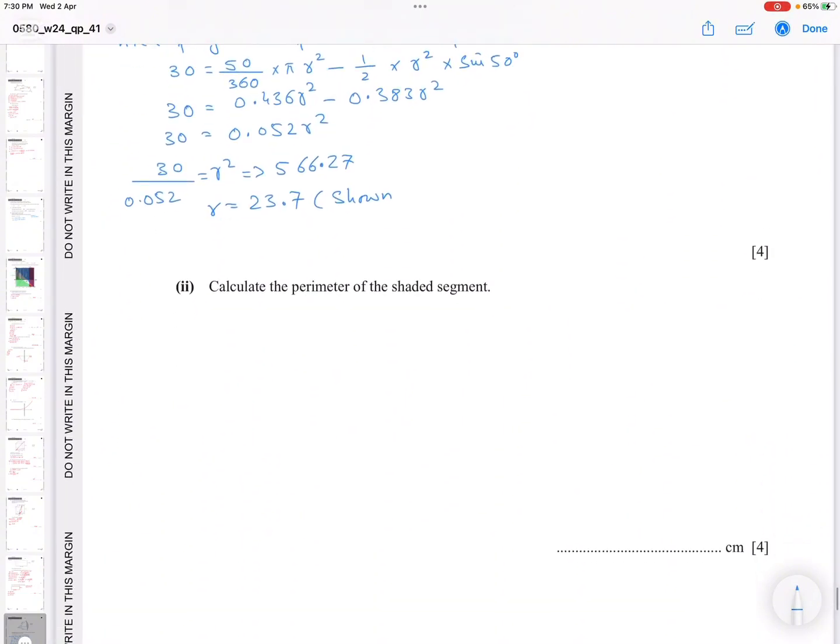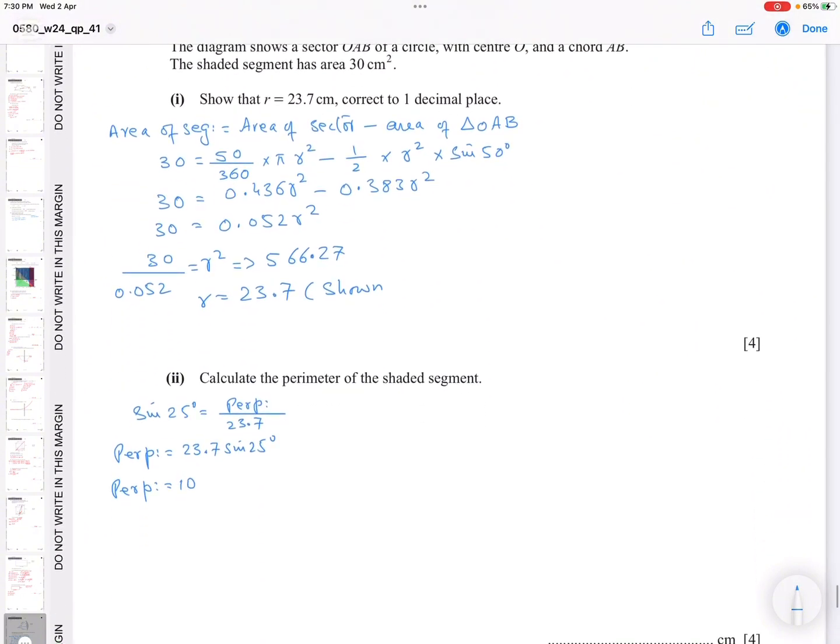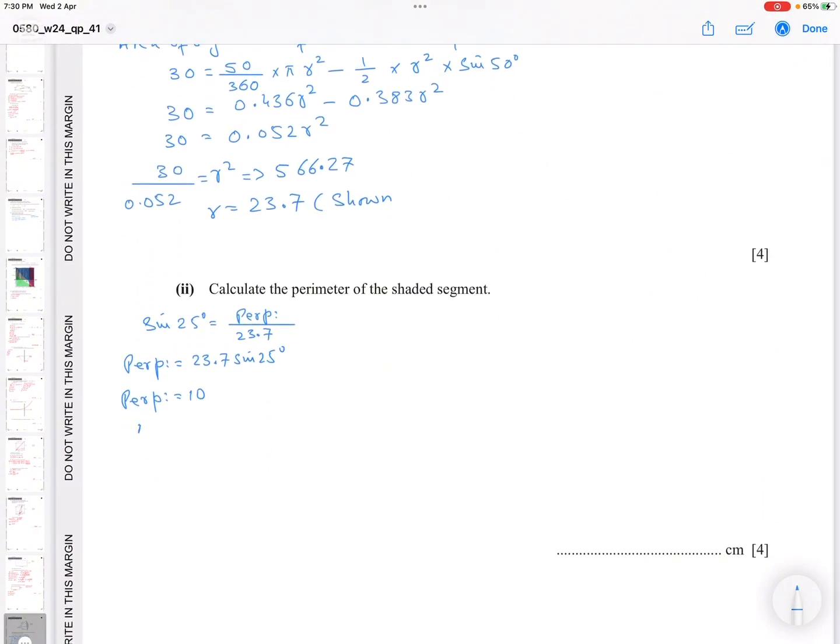So sine of 25, opposite is our perpendicular, hypotenuse is 23.7, which is radius. So perpendicular would be equal to 23.7 sine of 25, which is 10. So actually this is your 10 and this is also your 10. So your AB is 20, 10 plus 10 is 20.